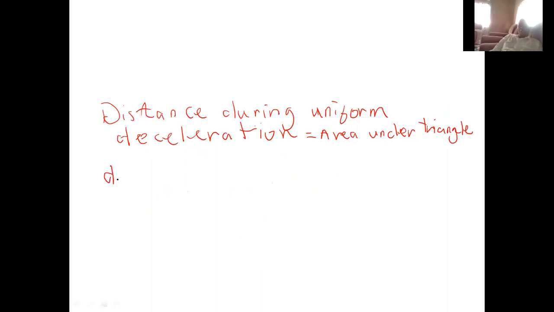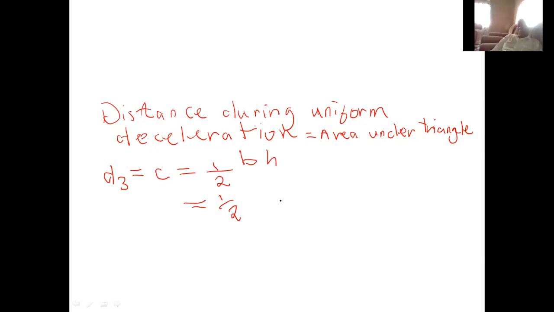So distance 3 is equal to the area under the curve, which is C, which is the area of a triangle: half multiplied by the breadth multiplied by the height.